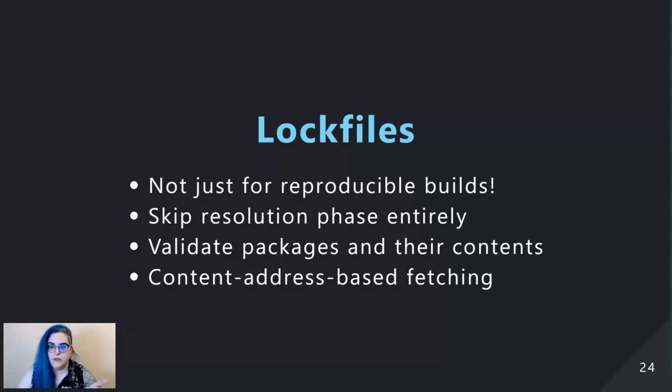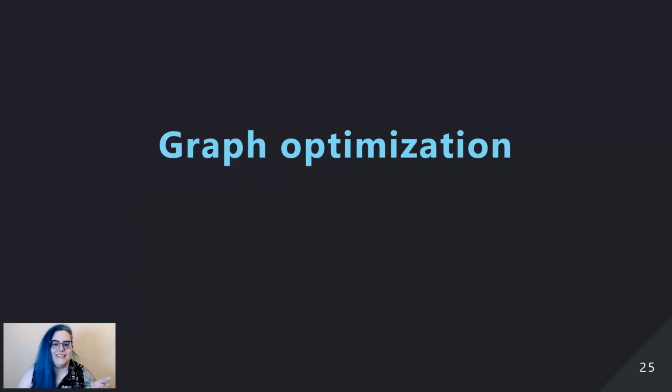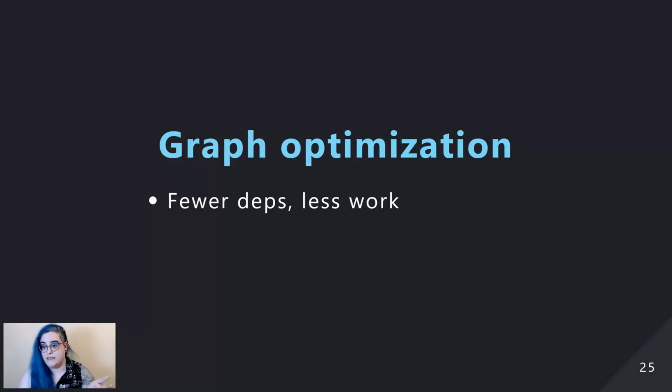What else can we do? What else can we not do, actually? We can optimize the graph. And by that, I mean optimize your graph such that you have fewer dependencies overall. Not that you optimize your algorithm. That works, but we're talking about not having dependencies at all.